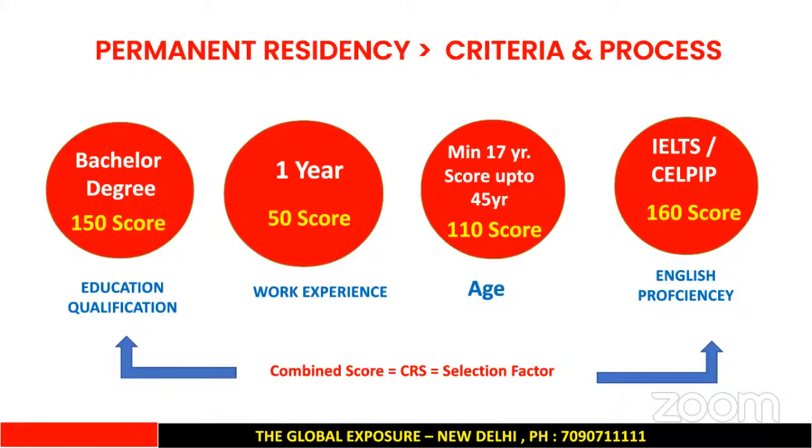CRS score is the Comprehensive Ranking Score, which is the selection factor for this PR process, right? So the CRS score contains your bachelor's degree, your 1 year of working experience, your age, which should lie between this particular range, and then your proficiency score, out of which you know that English proficiency is carrying most of the points. Now here you can see that for Canada only, you can go ahead with either CELPIP or IELTS.